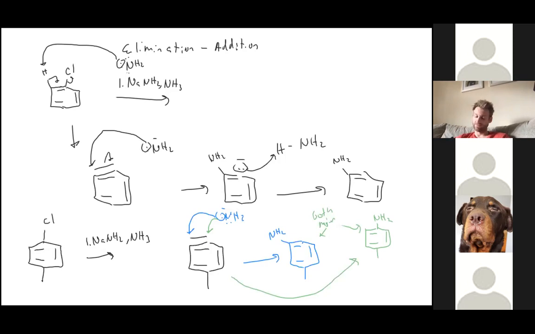If it's meta, this is going to complicate things further. So we're still adding NaNH2. I'm going to draw it out twice, though, because there are going to be 2 different things we can make.